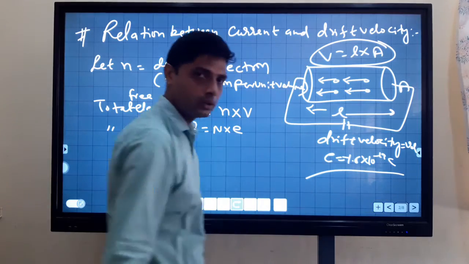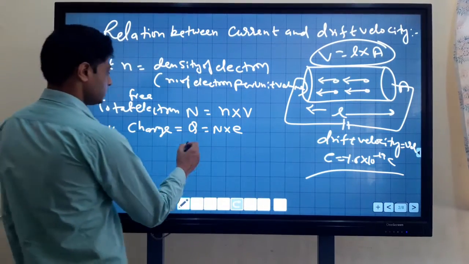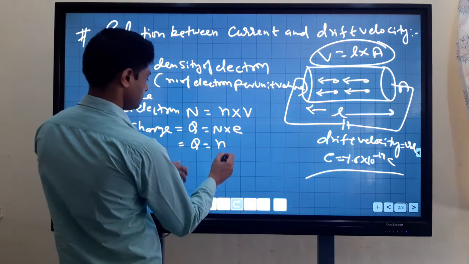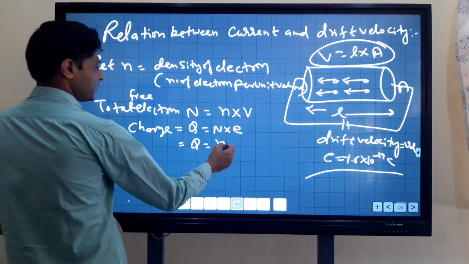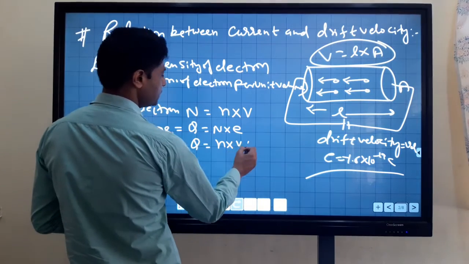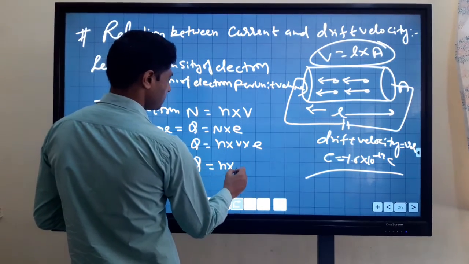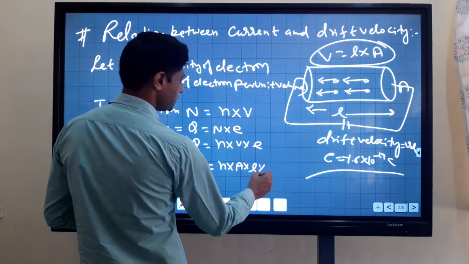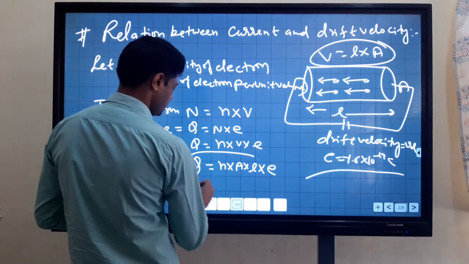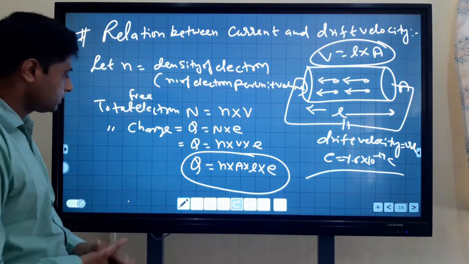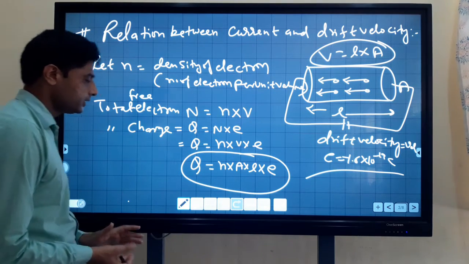So Q equals n into V into e, which means Q equals n A L e.